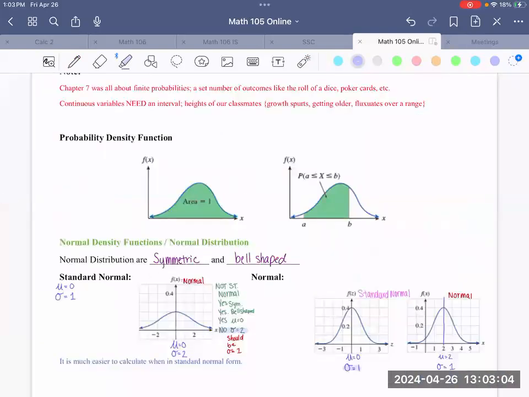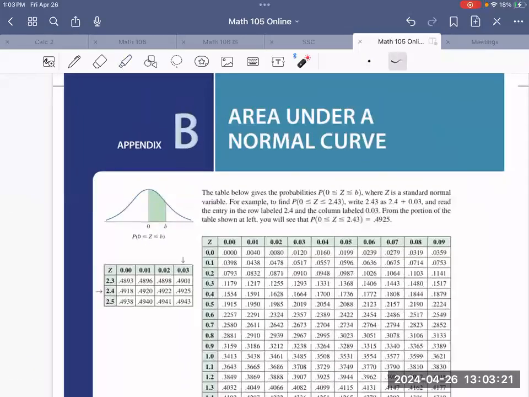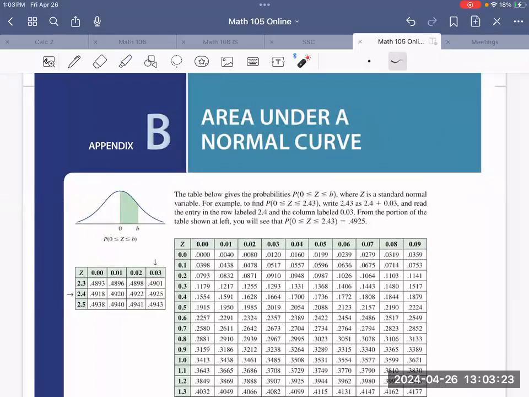Now, why are we making such a big deal that things are in standard normal form? Well, in order to be standard normal, it's a lot easier to calculate because you're starting at 0 and then on either side, you're just ticking up by 1. So if we look at standard normal graphs, we can calculate probability very quickly using this table. Now, this is called a Z table.